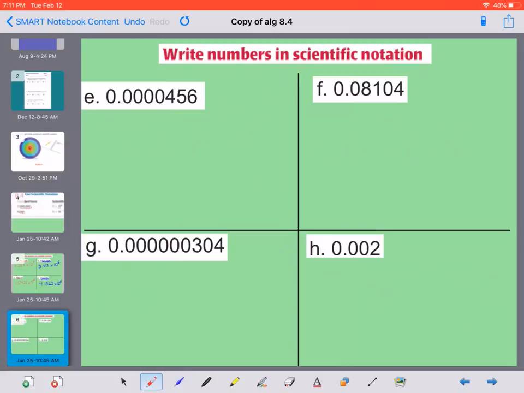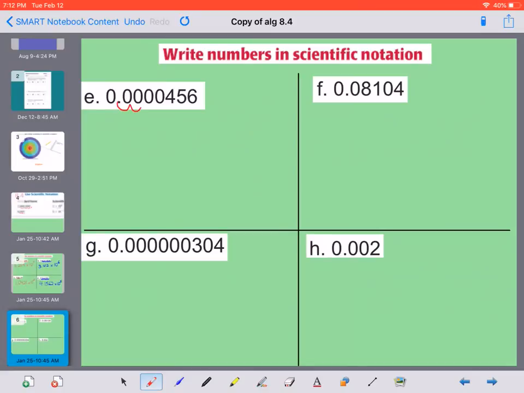Next we have small numbers, very, very small numbers. So this time we're going to use negative exponents. We already have our decimal point, but this time we're going backwards. So I'm going to go backwards until I can make a number between 1 and 10.